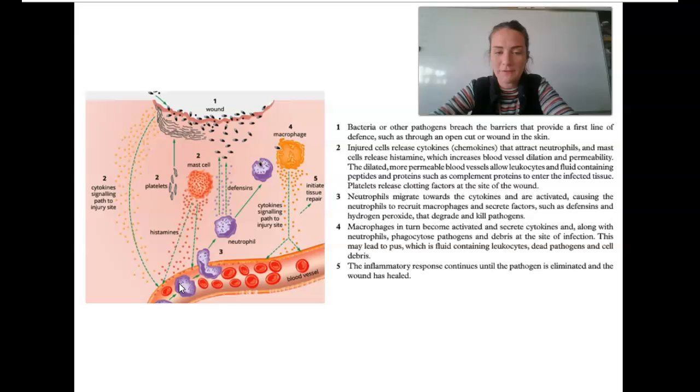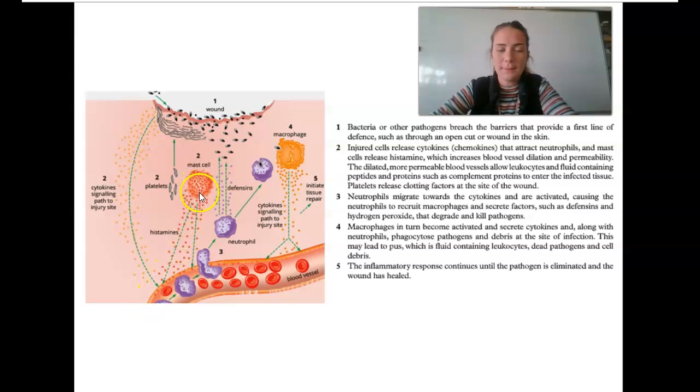So: increased blood flow, increased vasodilation, and it is a signaling molecule itself. It is triggering more second-line defense cells to come to the area, kind of like ants leave that chemical trail for other ants to find a food source. These histamines attract cells to the area of infection.